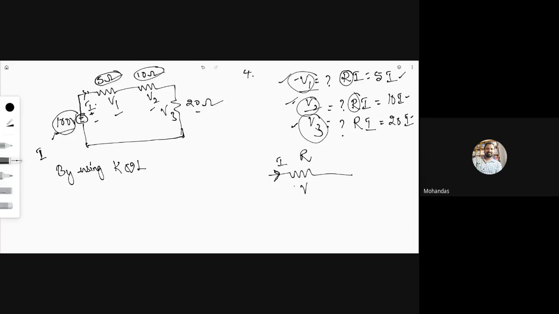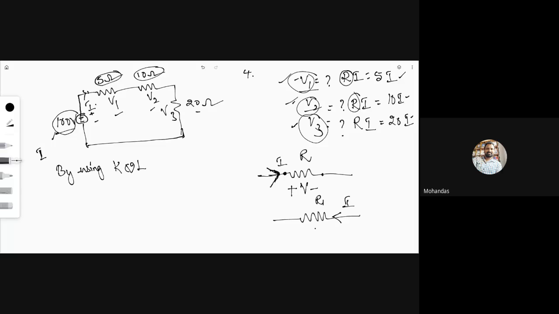To give such polarities, we have to observe the current direction. The element has two terminals, and the voltage drop has polarities plus and minus. If the current is entering at a particular point, you give plus polarity there, and minus at the other end. Suppose you take another resistor R1, where current is flowing in this direction.